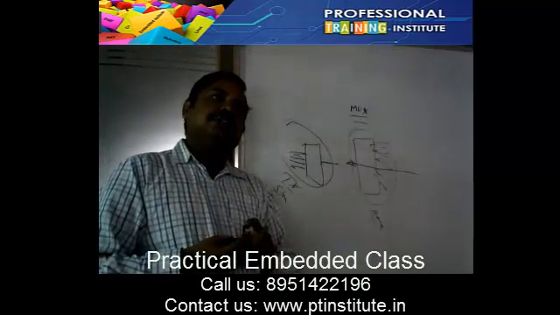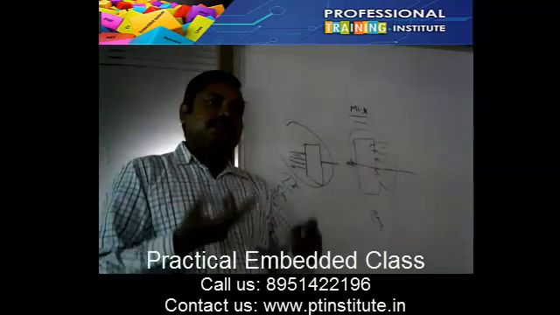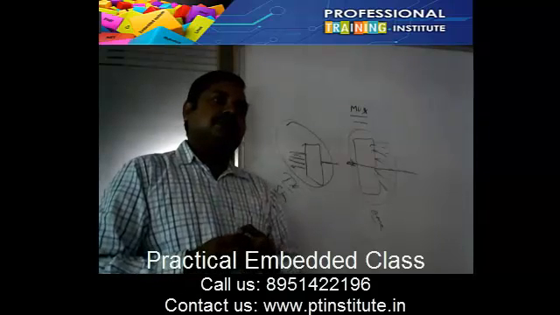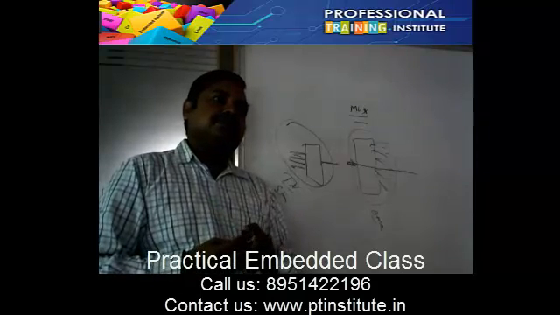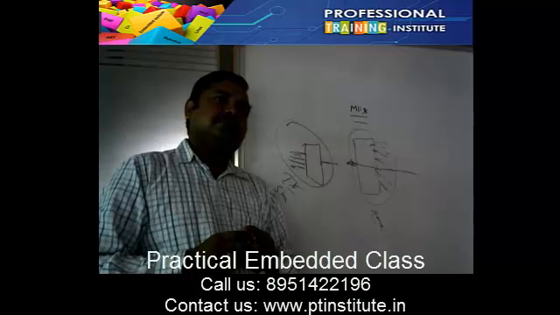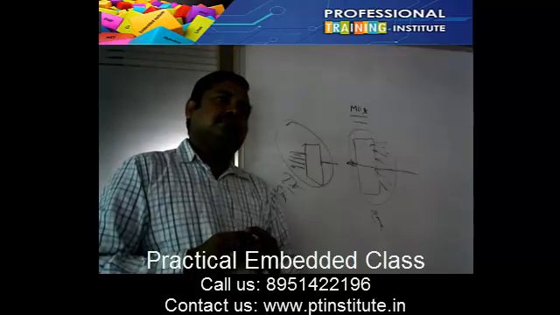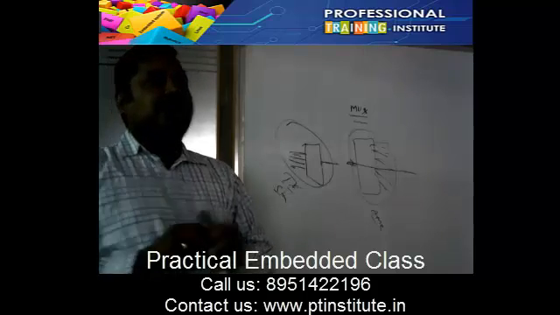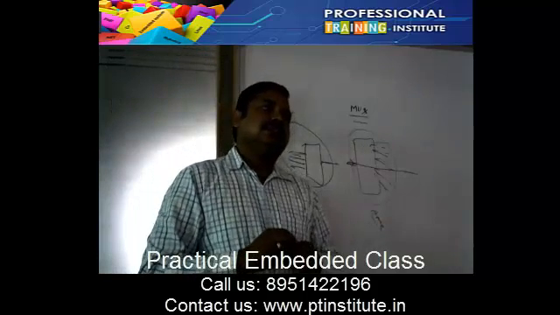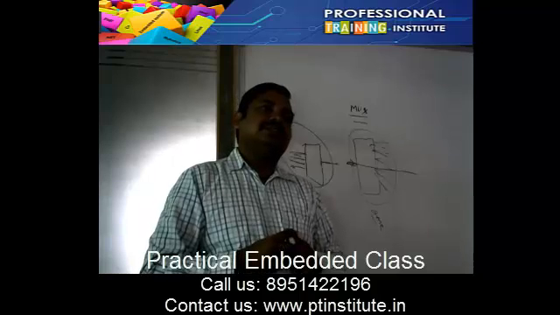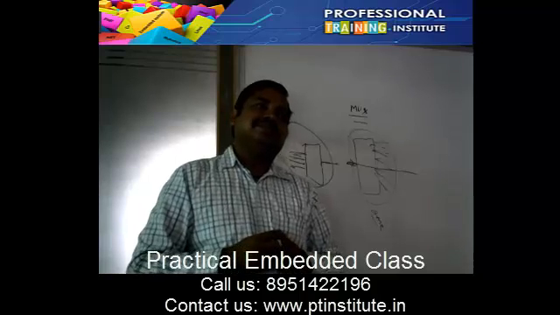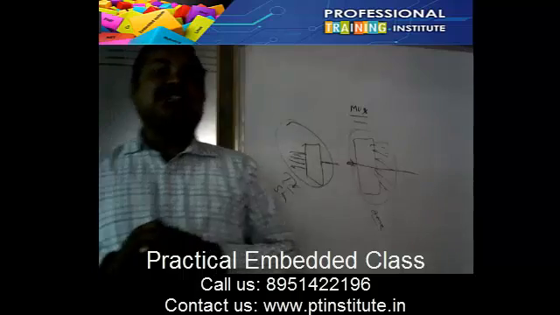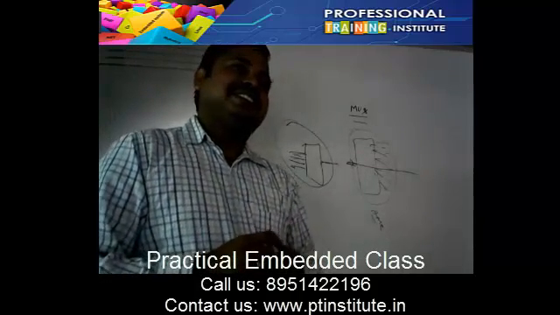What is a multiplexer? A multiplexer has many inputs and you get a single output. And a demultiplexer? Single input, many outputs.